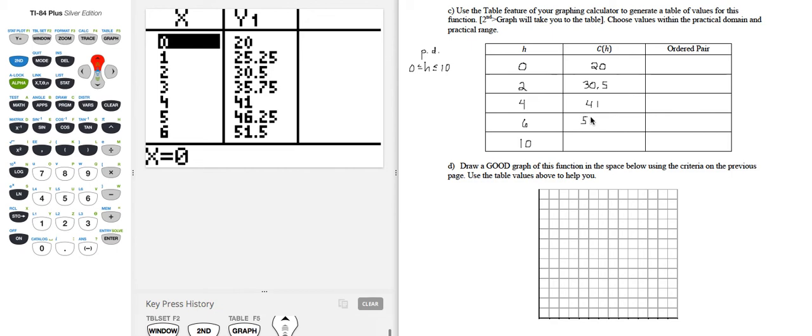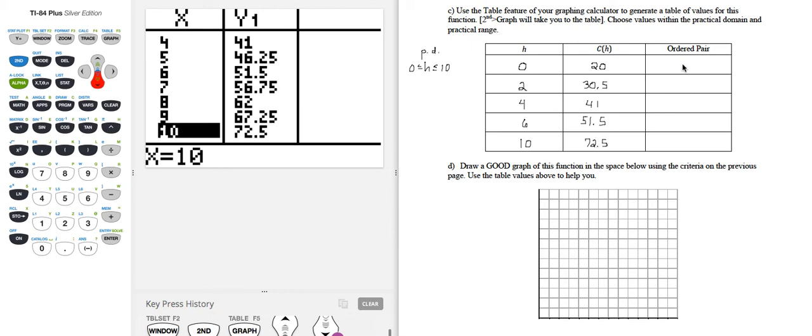That goes with the input of 6. And when my input is 10, I need to see what the output is. I'm going to scroll down using the arrow keys, 7, 8, 9, and 10. 72.5. I'm going to write that here.